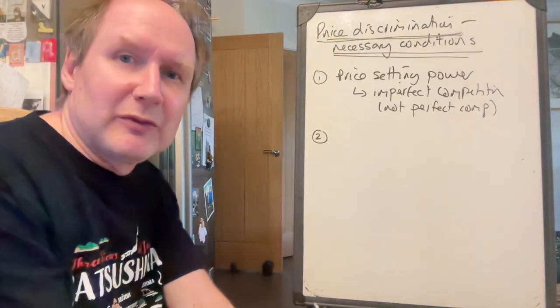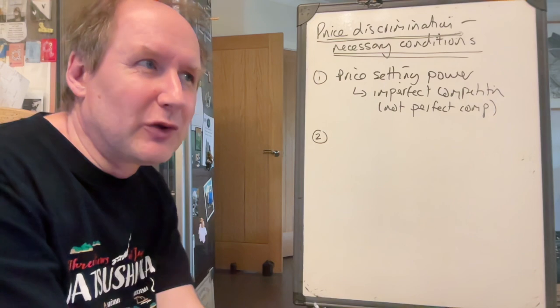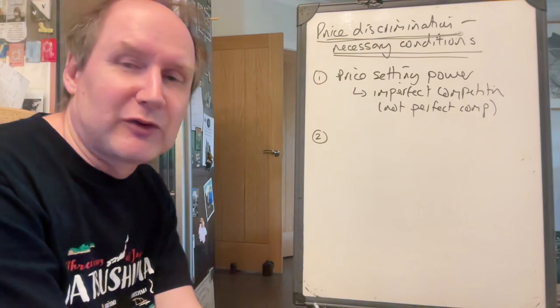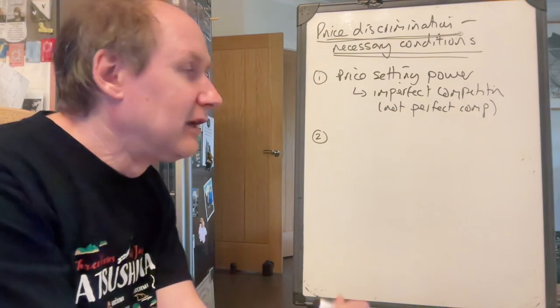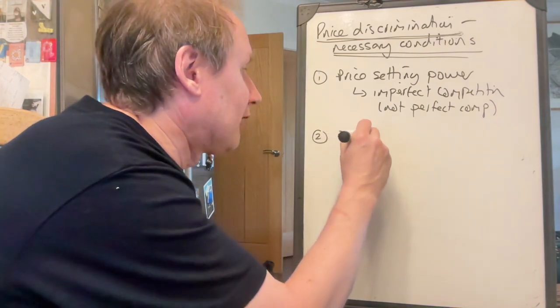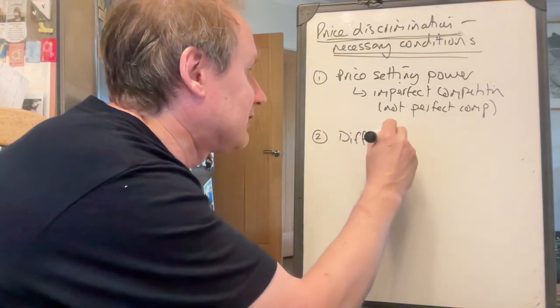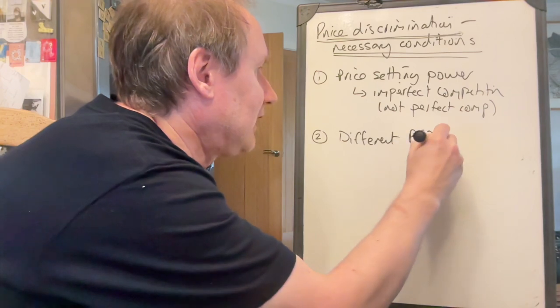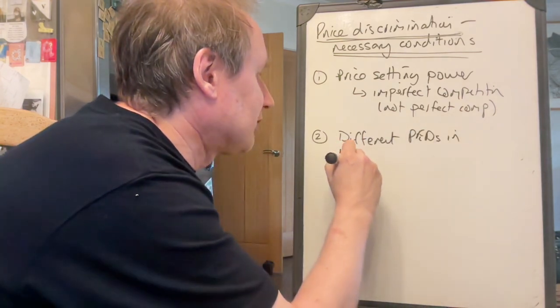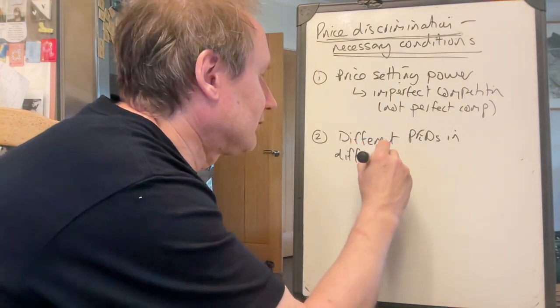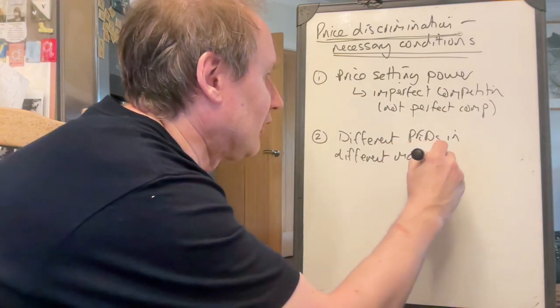Secondly, there's got to be some point. So you've got to be able to identify a group that has a different price elasticity of demand. So we've got to have different price elasticity of demand in different market segments. So we're going to be able to identify a group of people.